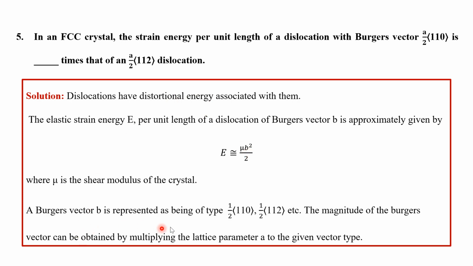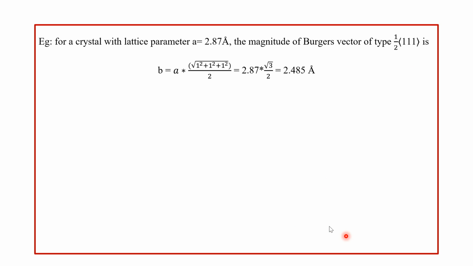A Burgers vector b is represented as 1/2 <110>, 1/2 <112>, etc. The magnitude of the Burgers vector can be obtained by multiplying the lattice parameter a by the given vector type. So what does this mean? For example, consider a crystal with lattice parameter a equal to 2.8 angstrom, and it has a Burgers vector of the type 1/2 <111>. This is another example not related to the question, just for understanding.